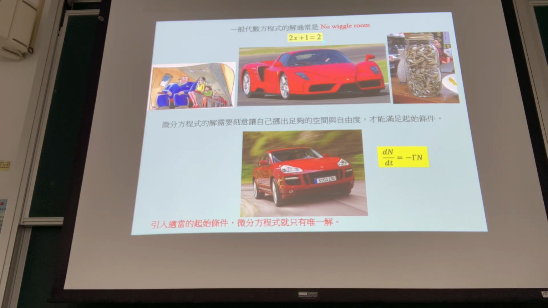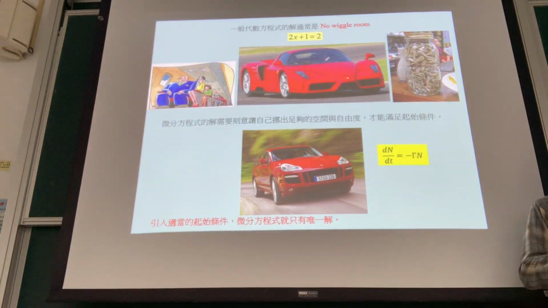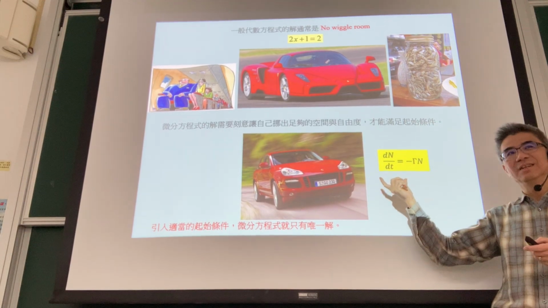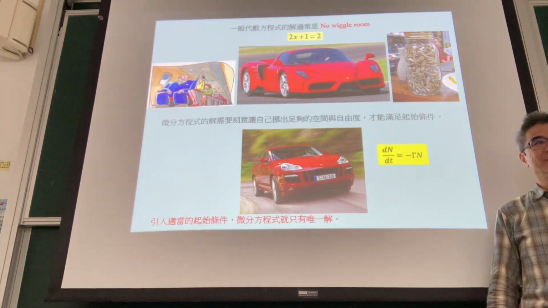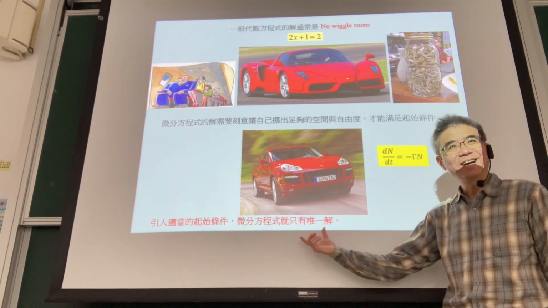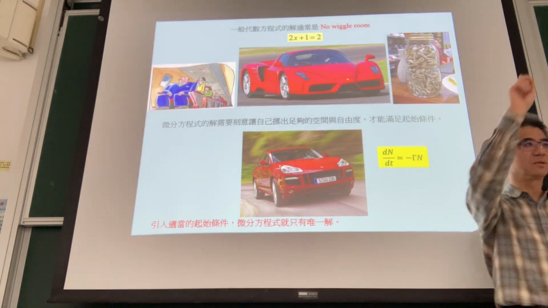So no wiggle room is just like a very small Ferrari roadster. However, in equation of motion, you at least need an SUV because you need to adjust the initial condition, right? So when you solve this kind of equation, it needs the freedom because you need to put in the initial condition. Only after you put in the initial condition does the solution become just one.